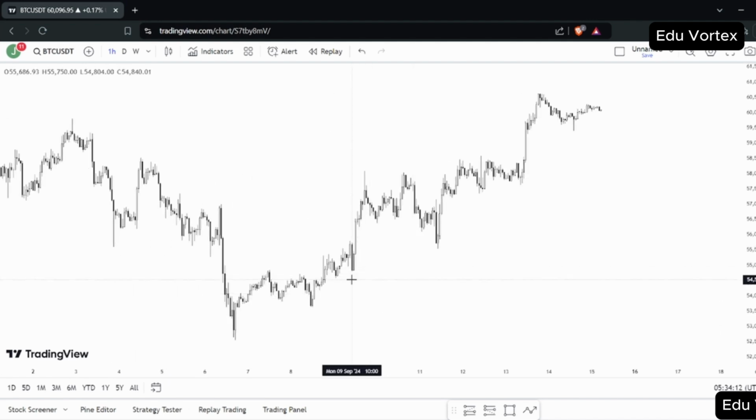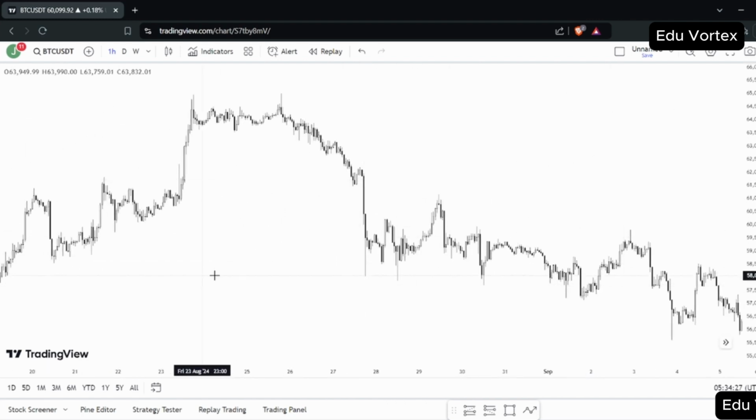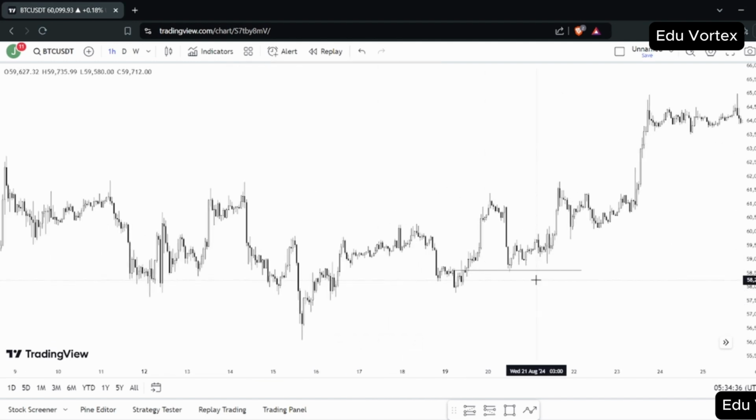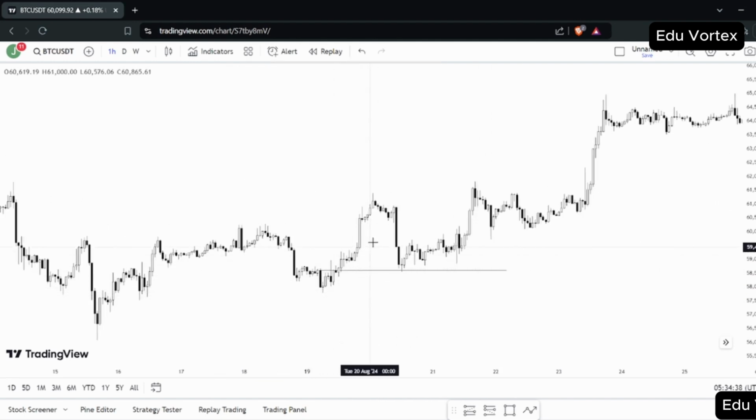However, the people that trade the fair value gap will end up getting, let's say, for example, here. And most of the times they will get into the trade. The people that play the order block will not get into the trade, such as it happened here. However, we can see that in other times it will end up entering the trade, which they will get a higher risk to reward.